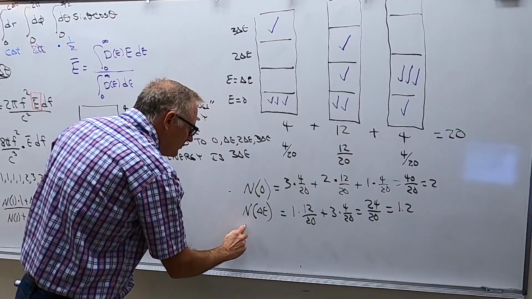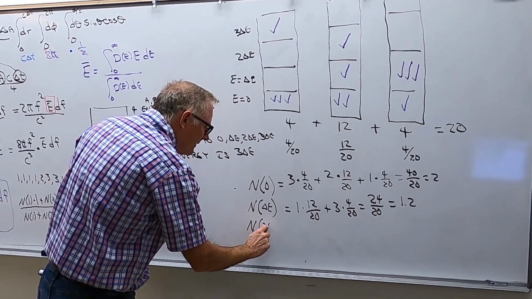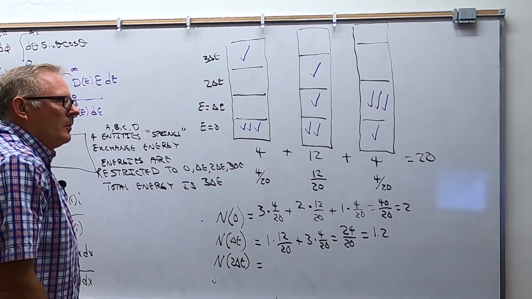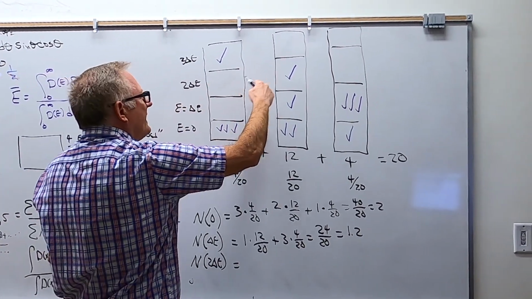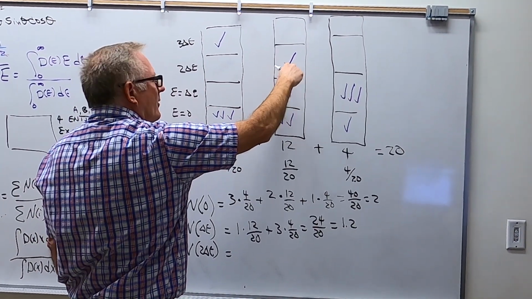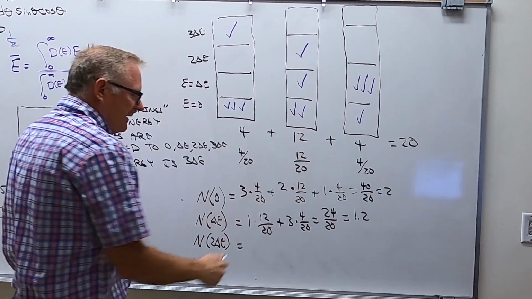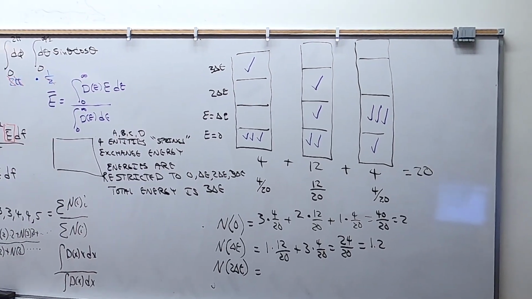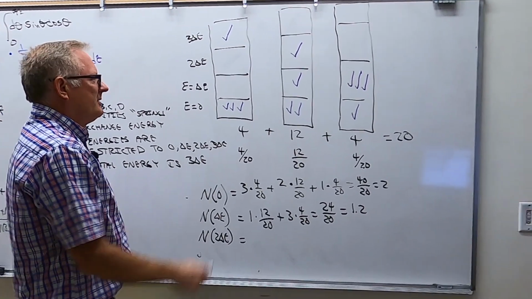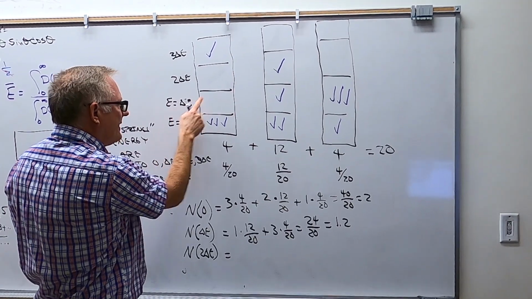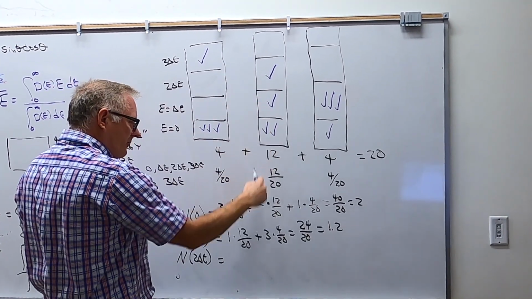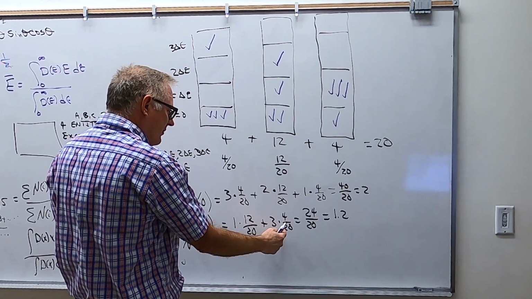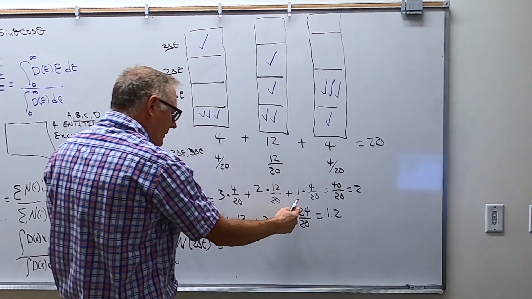What about the next one? N at 2 delta E. Well, I only get 1 right there. 1 times 12/20ths. Is that right? What did we say for this one right here? Did we get that one right? That was 1 times 12/20ths plus 3 times, I just wanted to get that 12/20ths, which is 24/20ths.